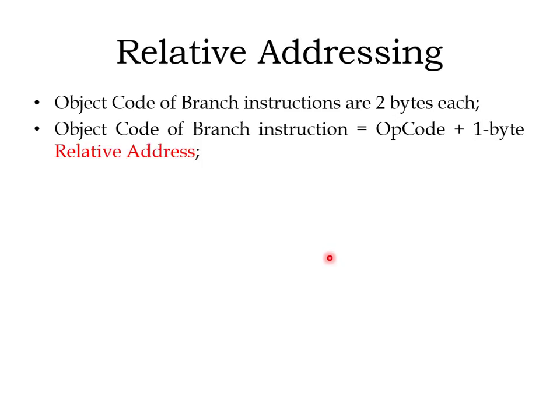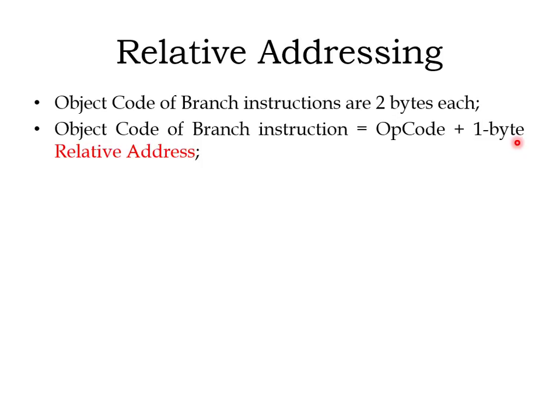Okay? So as usual, you can guess the first byte is the opcode, which we get from column 5. If you have your set of instruction, you can check that in column 5 you are given all the opcodes for every instruction. So we can easily get the opcode from there, whatever branch instruction we use. But the problem is with the relative address, because the second byte, which is the operand, is called the relative address.